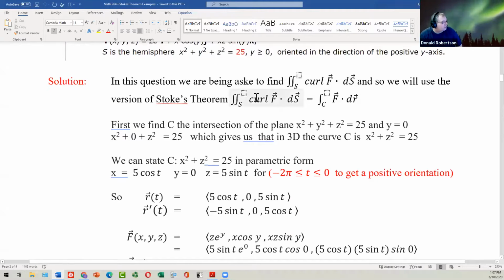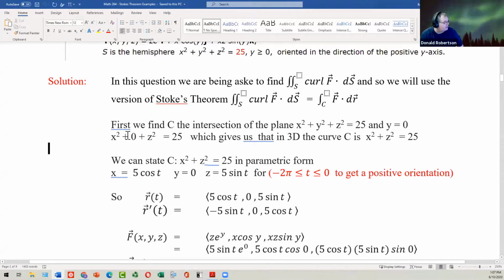So according to Stokes' theorem, a double surface integral of curl F dS is the same number as the single line integral over C of F dot dr. Right, so first we have to figure out who C is. Well, C is this sphere intersecting with y equals 0.